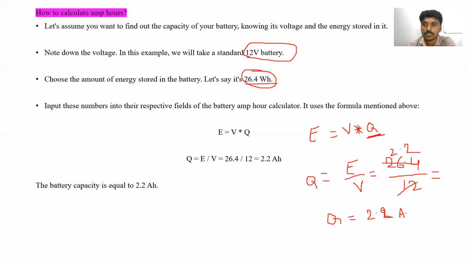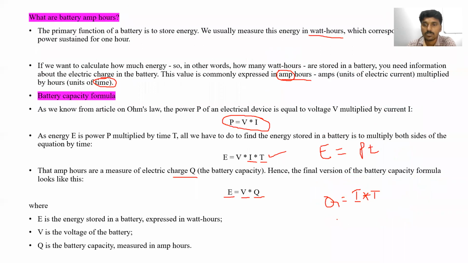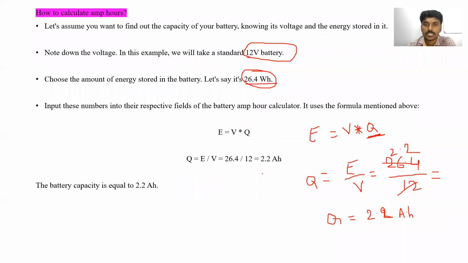Ampere hours, because we have written Q is equal to I into T. I is amperes, T is hours. So this is the battery capacity.